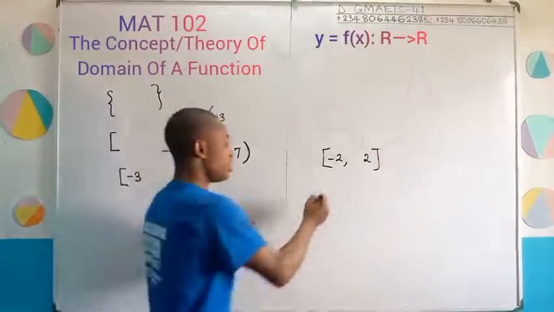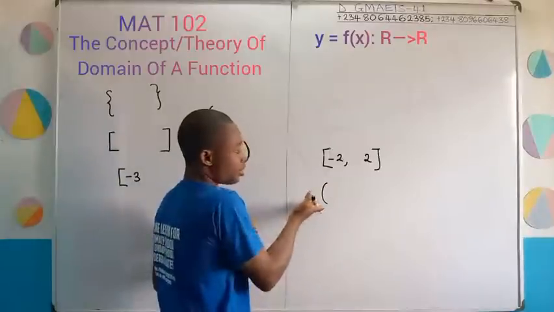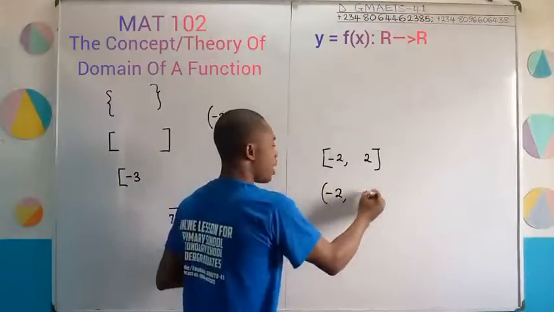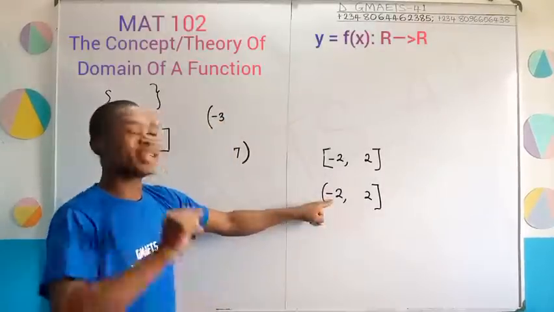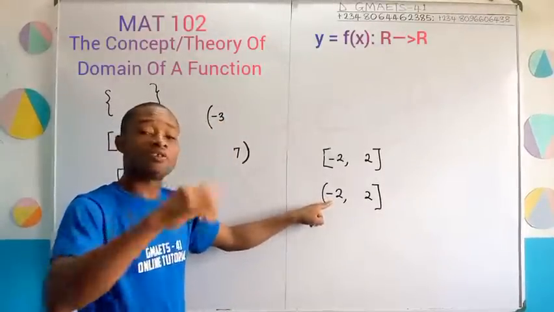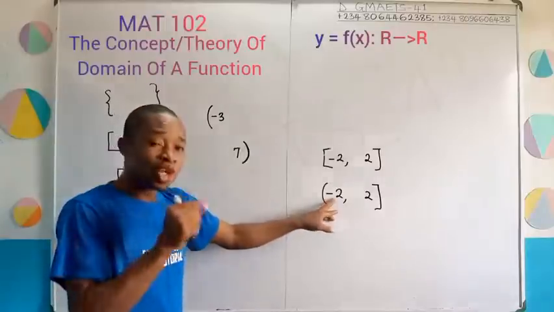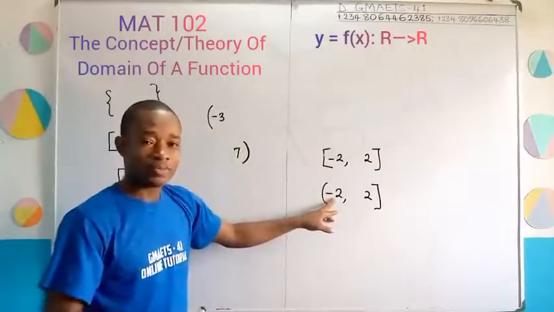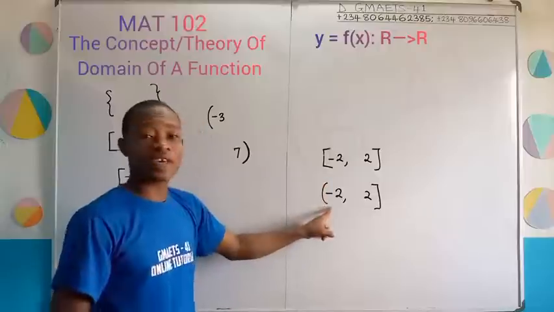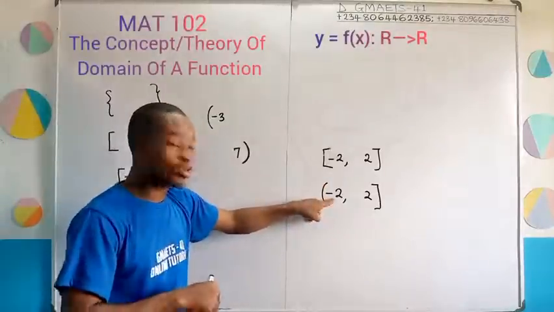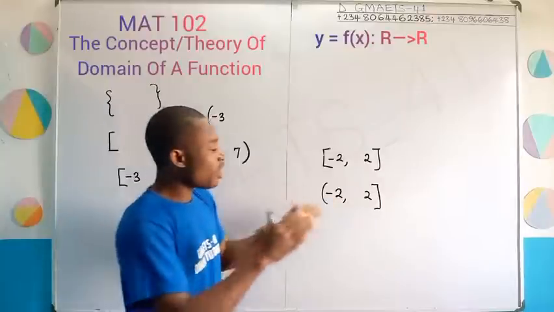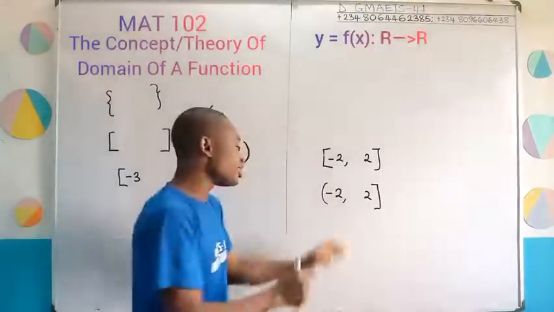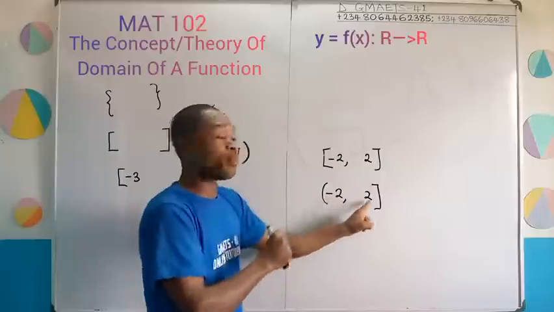But take a look at this. If I open with a curved bracket, -2, 2, and then close with a square bracket like this, it shows that the domain includes all elements just greater than -2. Here, this curved bracket shows that -2 is not part of the domain. The set of elements that forms the domain are the elements between -2 and +2.